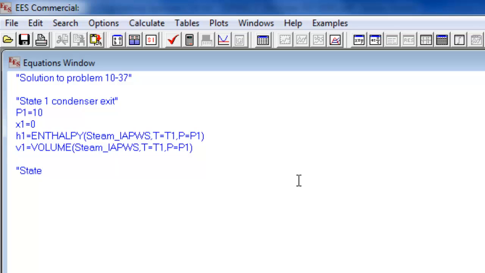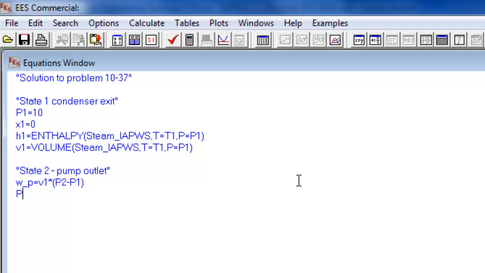So state 2 is the pump outlet. We said that the work of the pump is equal to the specific volume times the pressure difference.